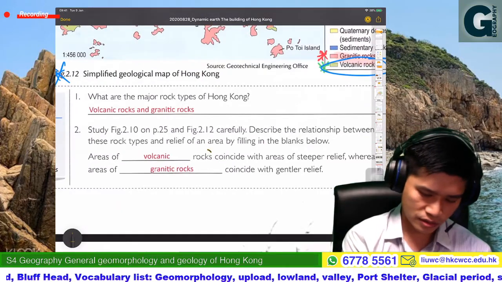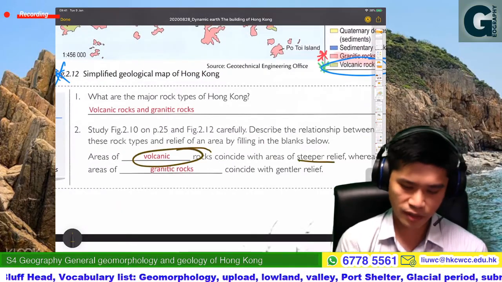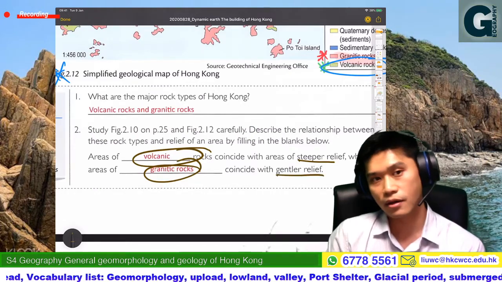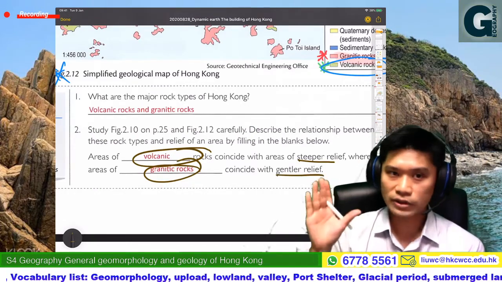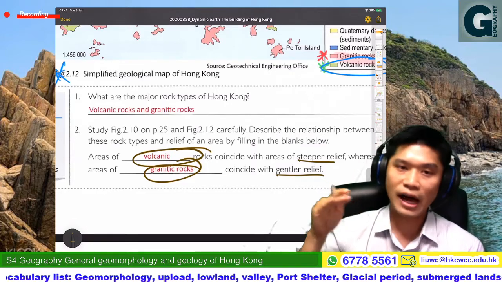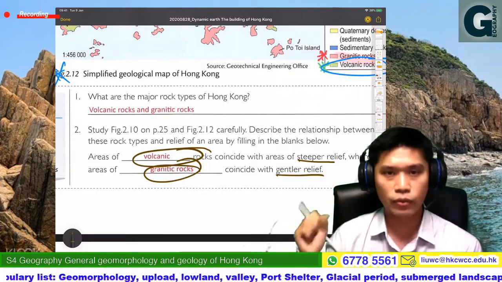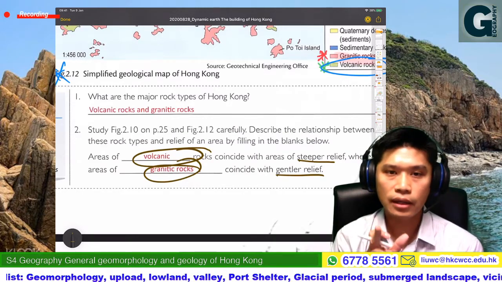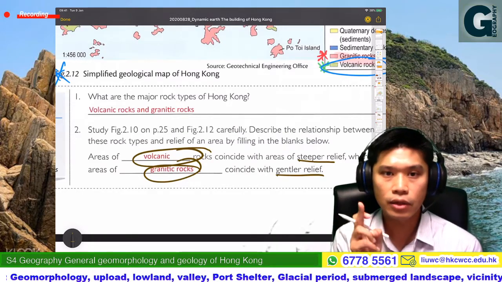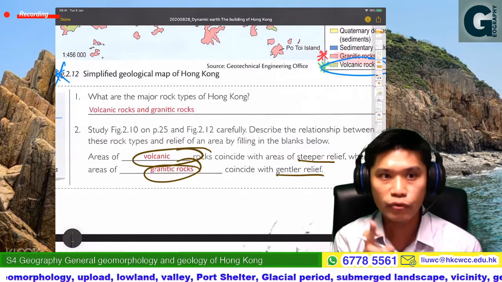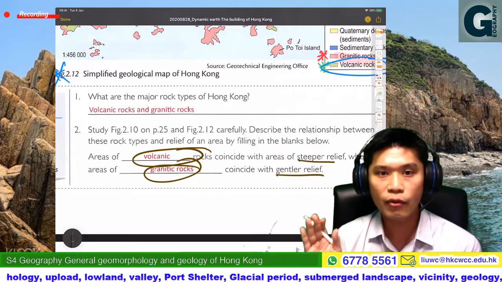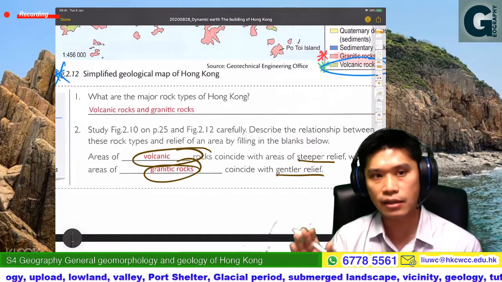Volcanic rocks, with deeper relief. Granitic rock with gentler relief。咦？火山岩斜啲，花崗岩類比較平緩少少。咁點解呢？Here you may say that is the resistance. If we compare these two types of rocks, volcanic rock would have a relatively higher resistance than granitic rock.